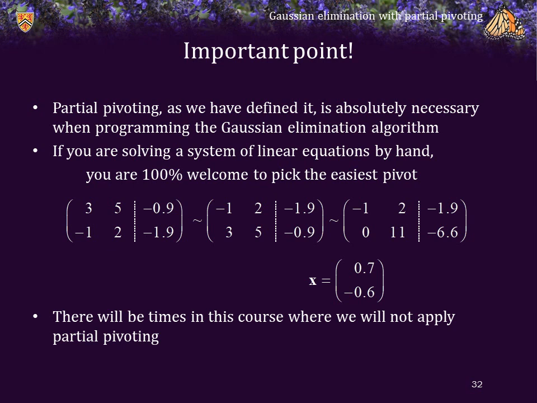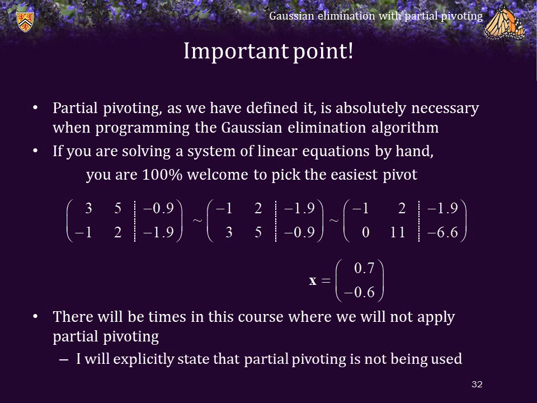Now, there will be times in this course where the answer is more critical than the technique, and so we will not always be applying the partial pivoting aspect of Gaussian elimination. This is when we are trying to find, for example, eigenvectors corresponding to specific eigenvalues. In class, I will explicitly state any time that partial pivoting is not being used.